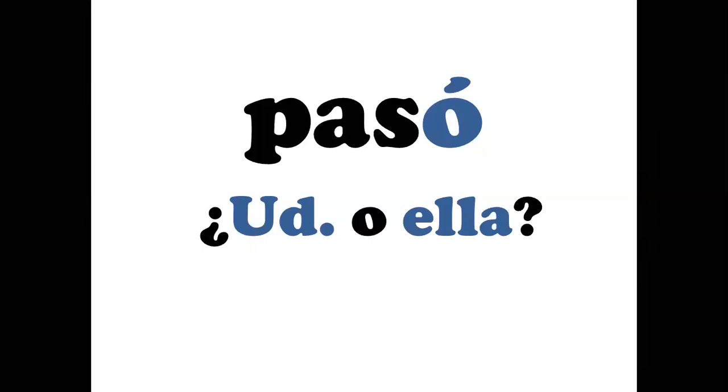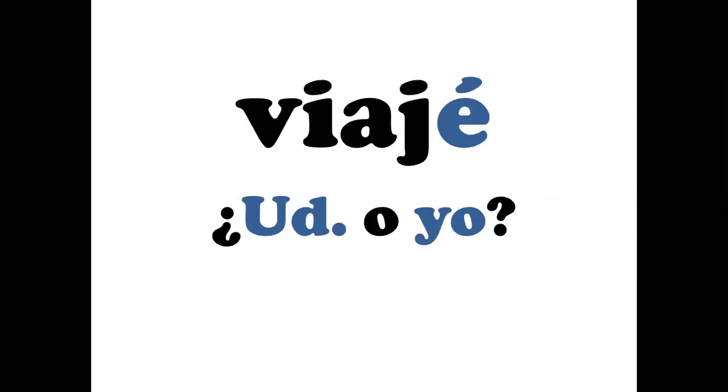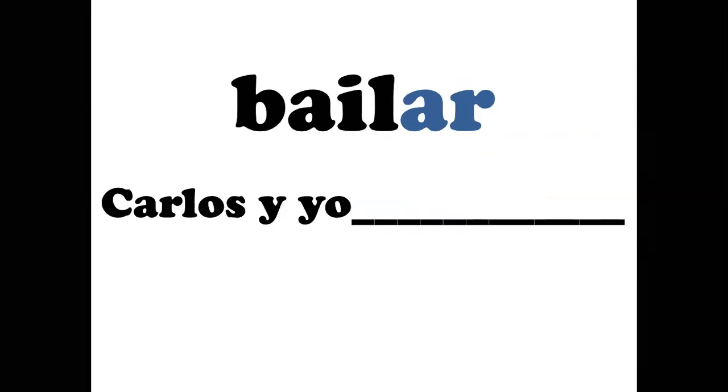Both of them. It could be either usted or ella. Viajé. Usted o yo? Yo, I traveled. So here we're stepping it up a little bit. Bailar. How would you conjugate bailar? Change bailar to match the subject Carlos y yo.